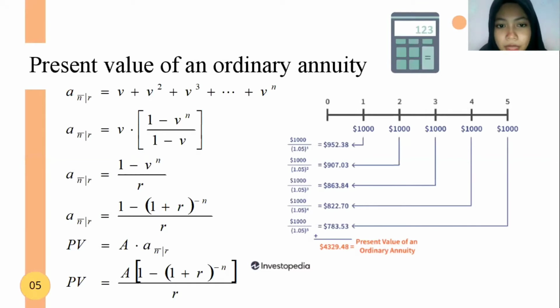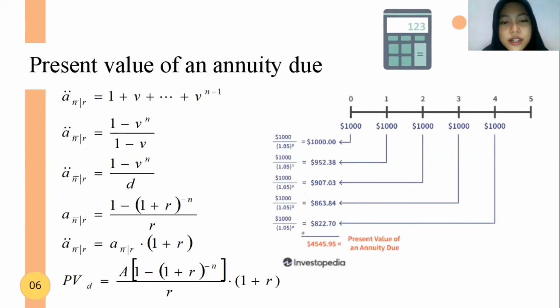So we can assume the first payment is v, the second payment is v squared, the third payment is v cubed, and then you can see the steps for the formula of the present value of an ordinary annuity.